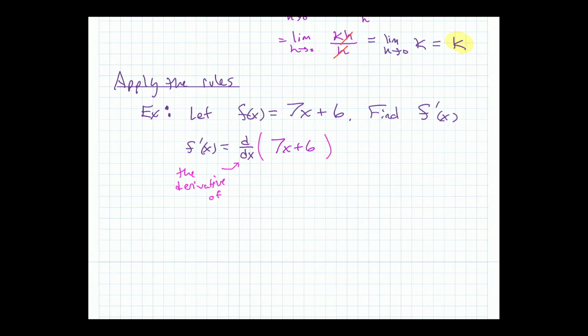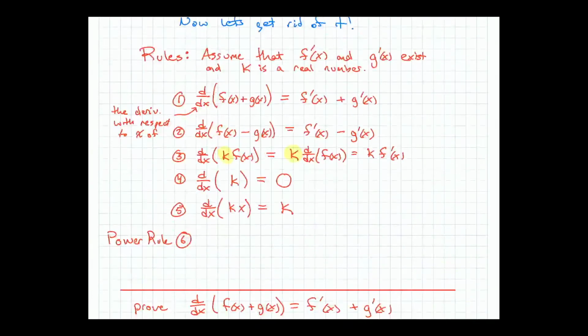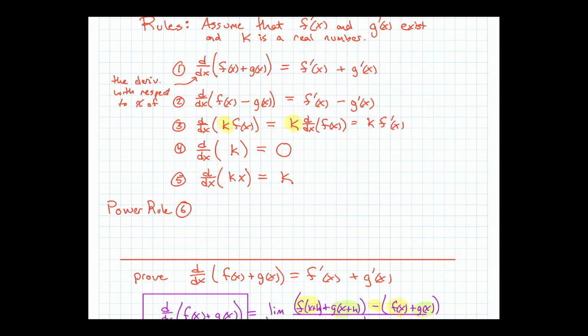So how do we do it? Well, you are going to apply Rule 1. Rule 1 says that you can split the derivative up into 2. Something I didn't do at the beginning, but maybe I'll do it right now: the derivative of f of x plus g of x, you split it up like this. I didn't put parentheses on the second one, but you get the idea, right?